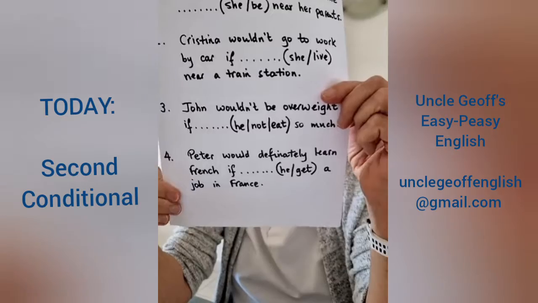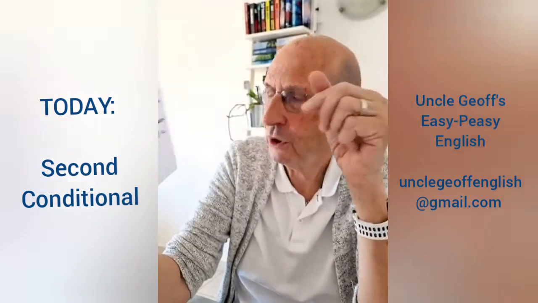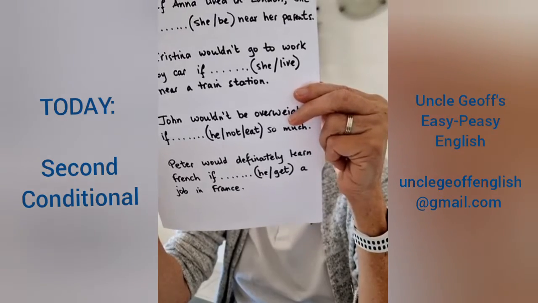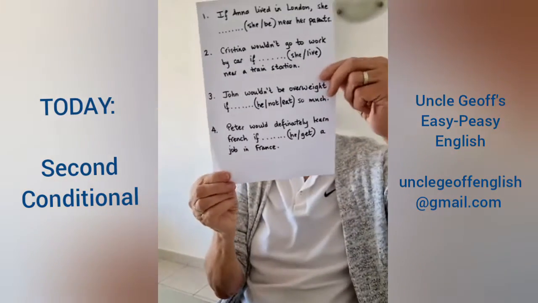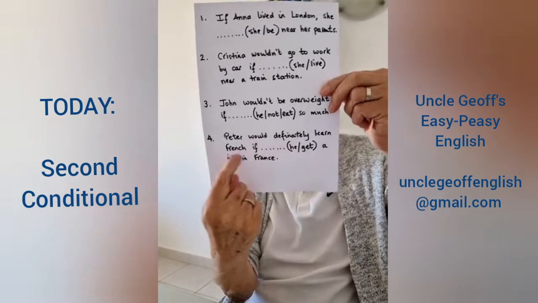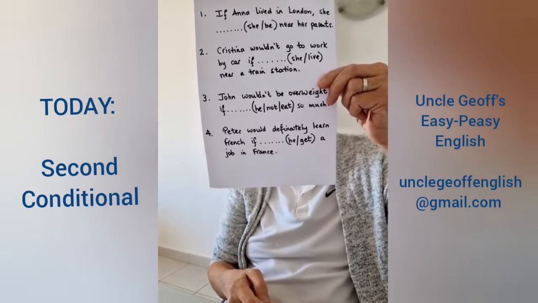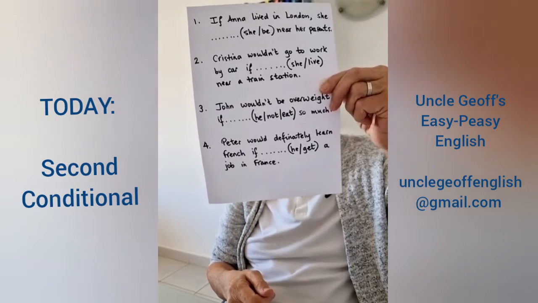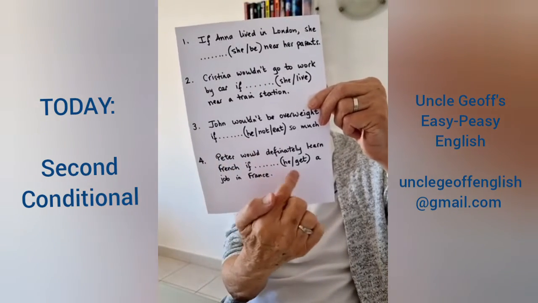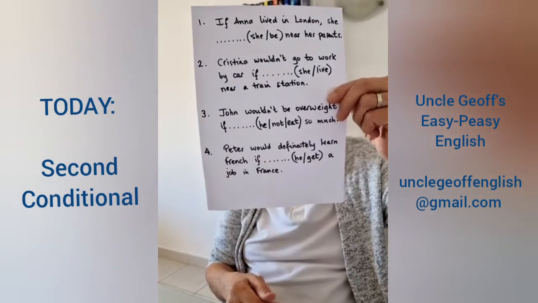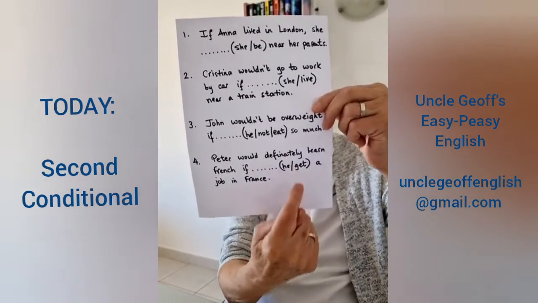And the last one, Peter would definitely learn French if a job in France. Peter would definitely learn French if he got a job in France. You got the would part here, so this just changed the verb in the if clause. And in the if clause in the second conditional, it's past simple.